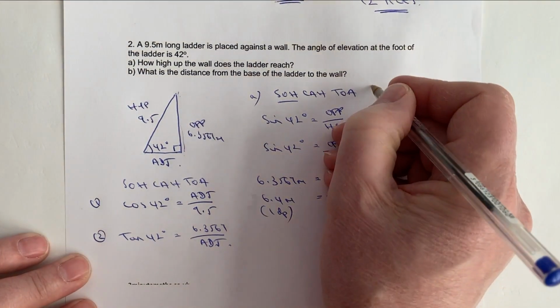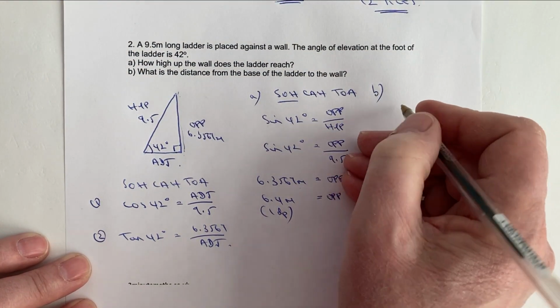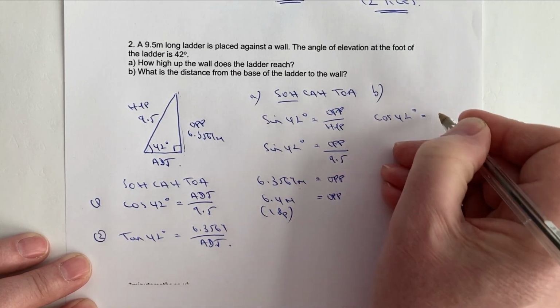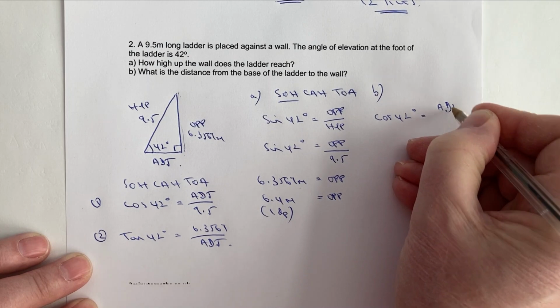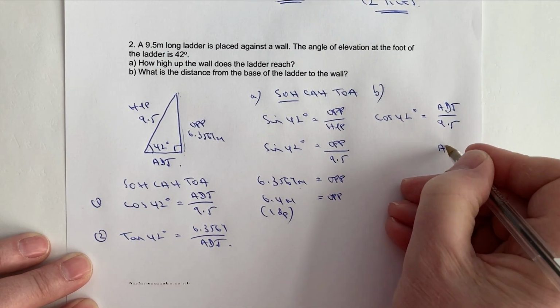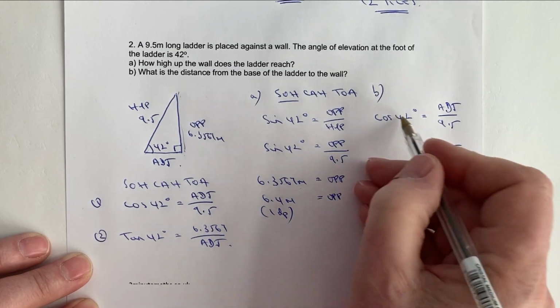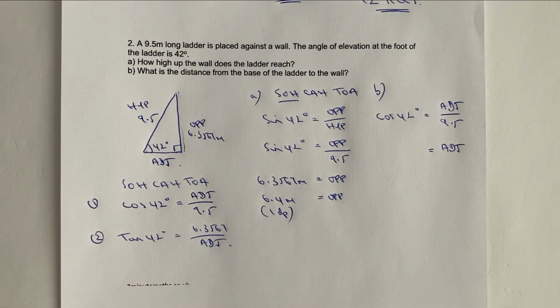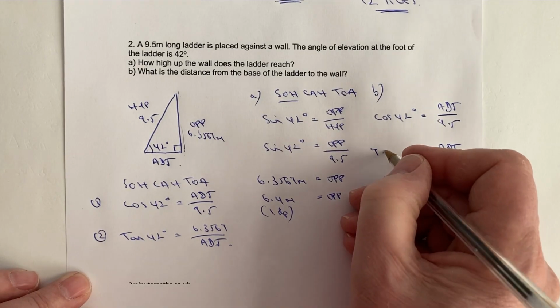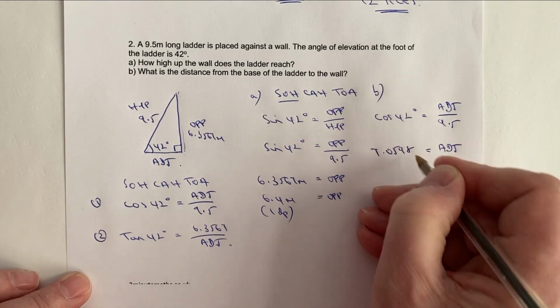So I'm going to say, well, B, in this case, I'm going to use the cos of 42 degrees equals the adjacent divided by 9.5. So the adjacent is going to equal 9.5 times cosine of 42, which is 7.0598.